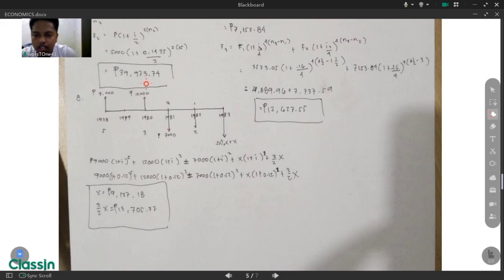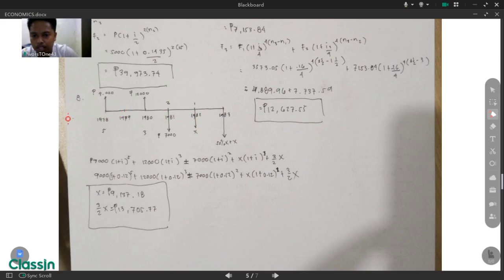Then in 1981, they have a down payment which is 7,000 pesos. The third is unknown, and the last payment is the amortization. So we have 50% x plus x, since it's 50% larger than the previous payment, the second payment actually.